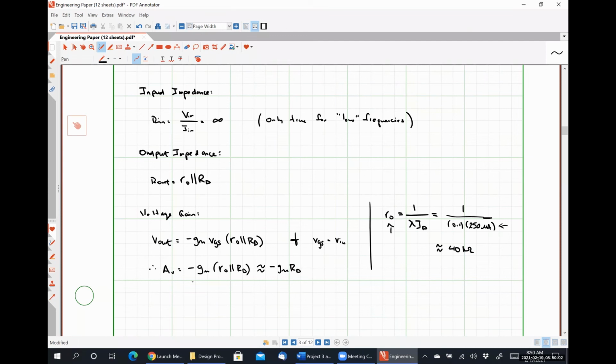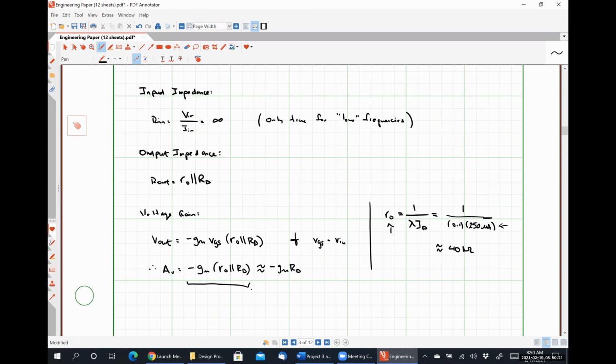Now, this is my preference because it's a more exact answer, but we could approximate it as negative GM RD, which is effectively what we would get if we were ignoring the effects of channel length modulation.